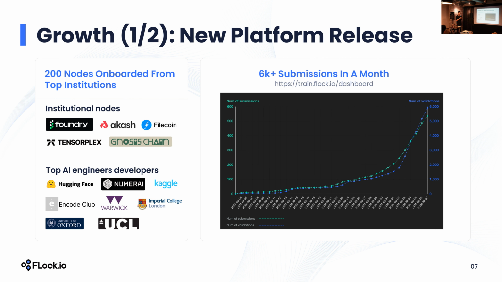We also have people like a silver medalist from Hugging Face and Jo from Numerai AI. We're looking forward to collaborating with more AI background developers and machine learning engineers to work together on this network and understand how we can do the whole training process better. It's community-driven machine learning.